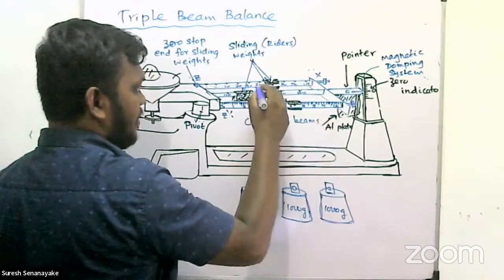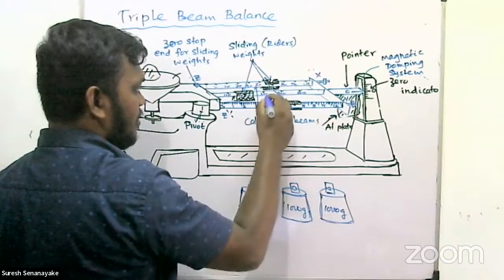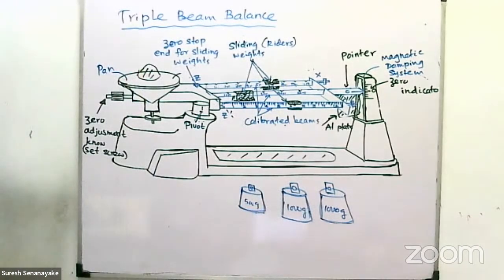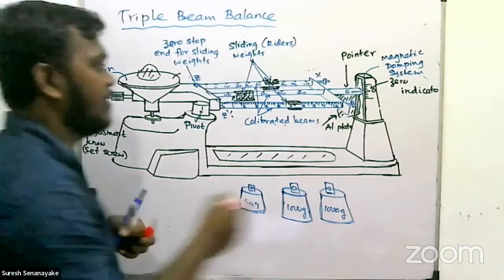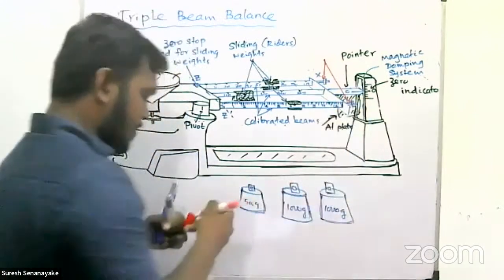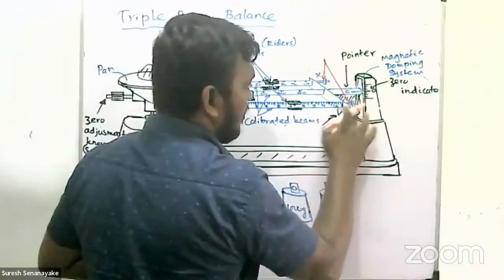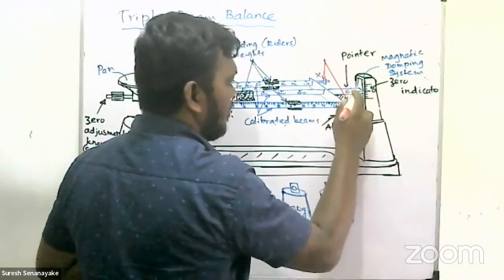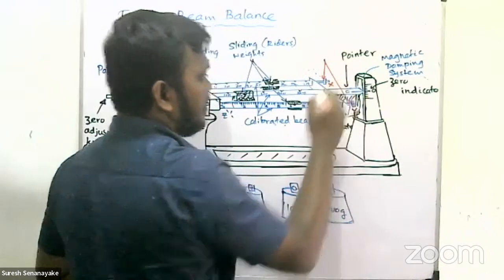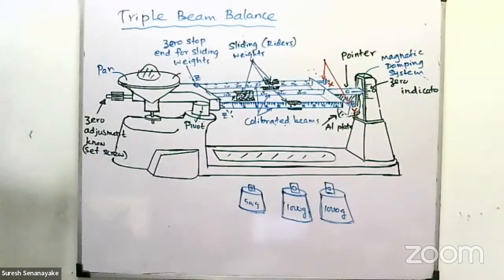Beams or calibrated beams. Three beams are there, a triple beam. Where there is a scale, we call it a calibrated beam. First, this is y, and this is x. There is a screw thing for x and y.